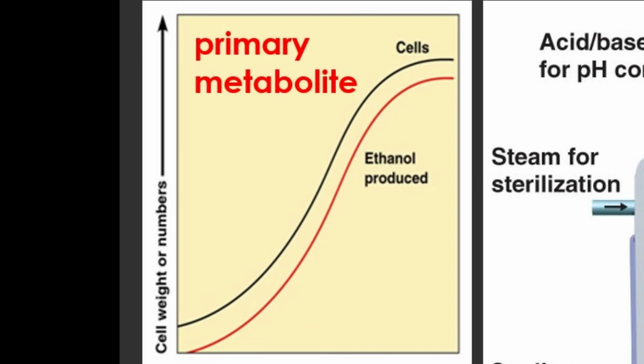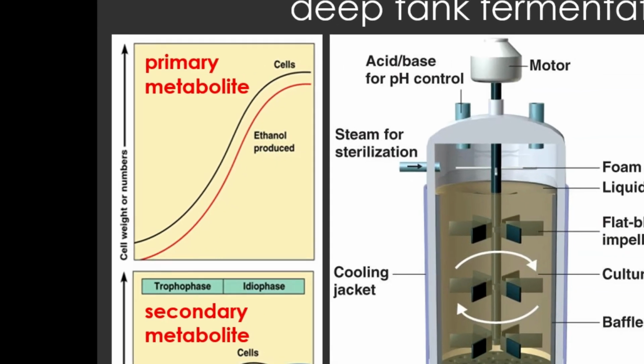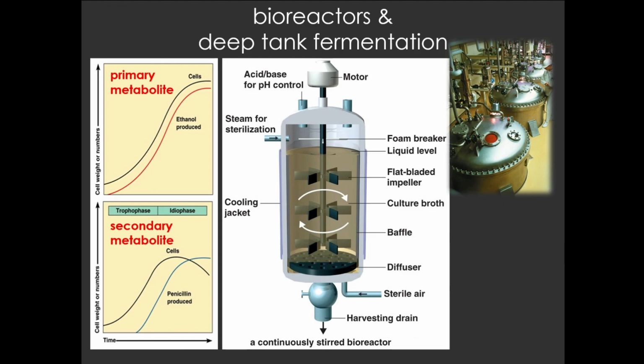So whether you are producing something that is what's known as a primary metabolite, something that is produced no matter where the cells are in this cycle of growth, or a secondary metabolite that is not produced until the cells enter the idiophase portion of growth, you will want to have them growing in deep tank fermentation bioreactors so that you get the maximal product necessary.